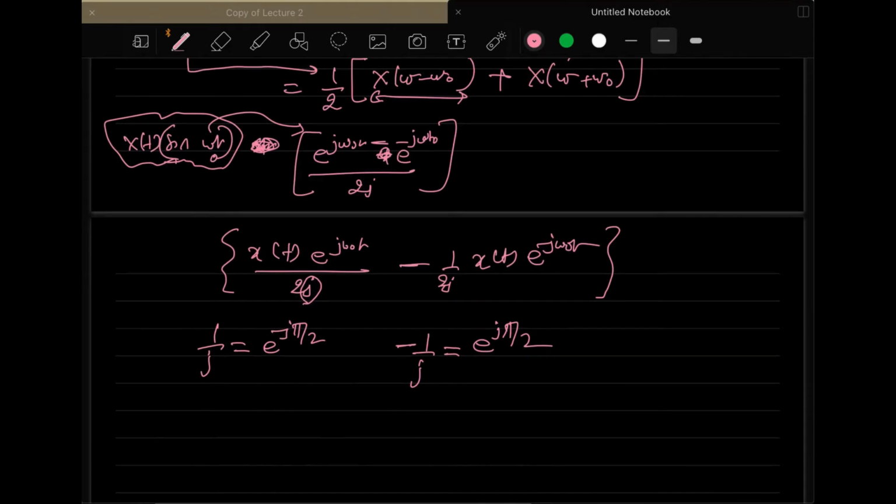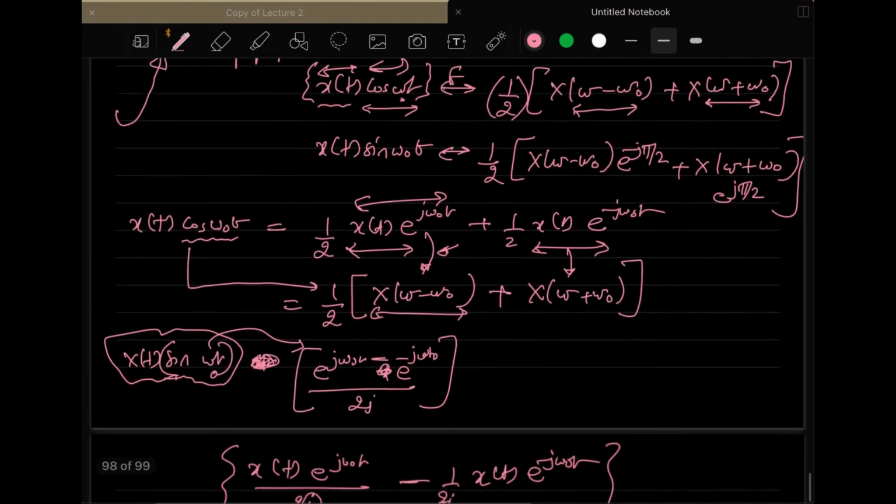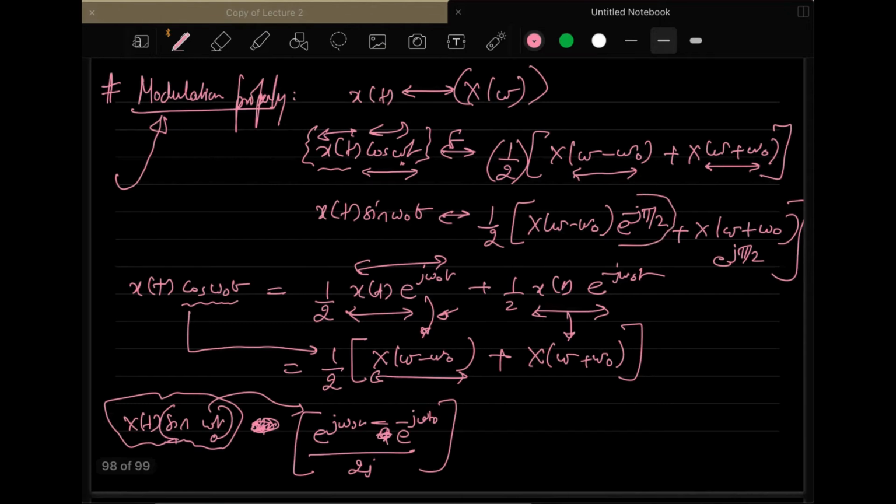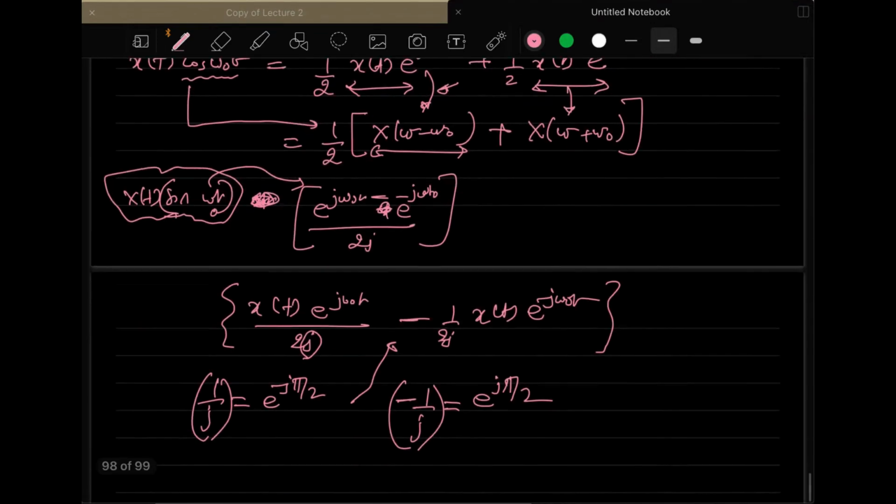Once you substitute these factors, you will get the answer, with this factor incorporated in x of omega minus omega naught. You will have minus j pi by 2, and for x of omega plus omega naught you will have plus j pi by 2. This is very simple, just the expression of sine omega t, which you should know.